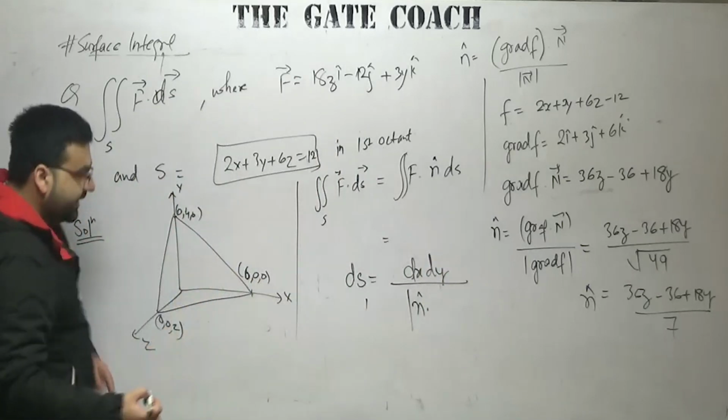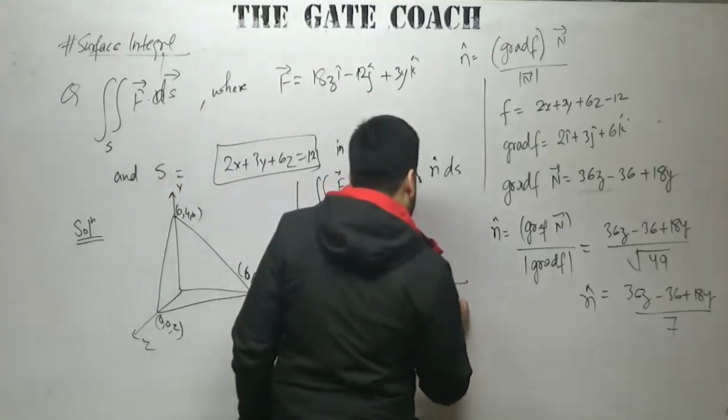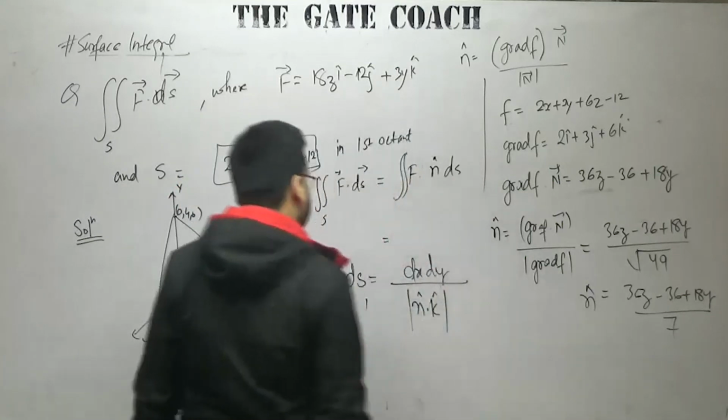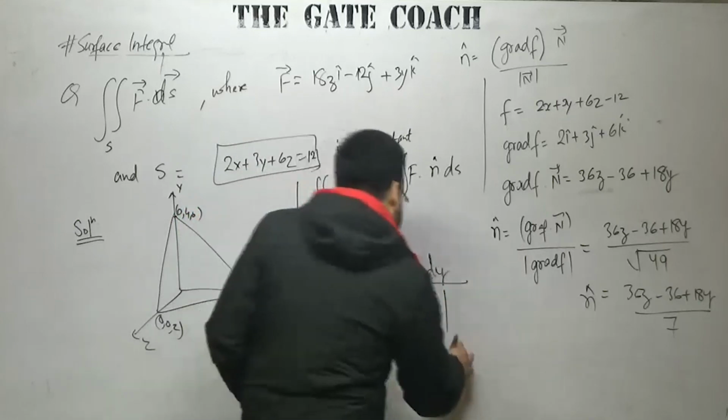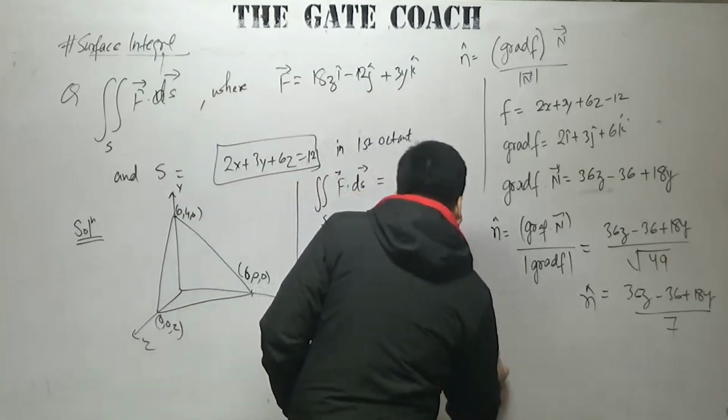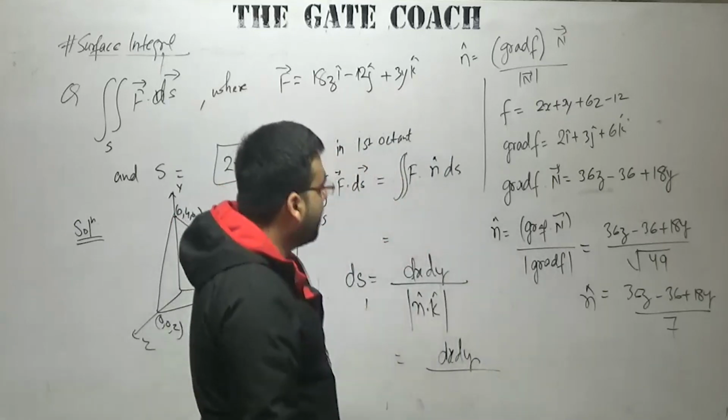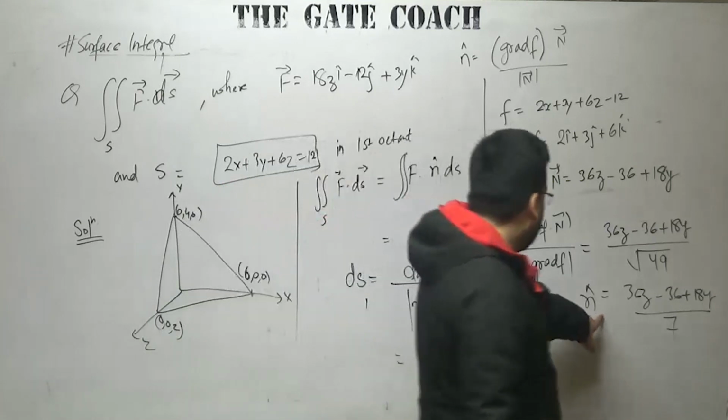This will be equal to z, that is k cap. So it will be equal to dx dy divided by n cap dot k cap.